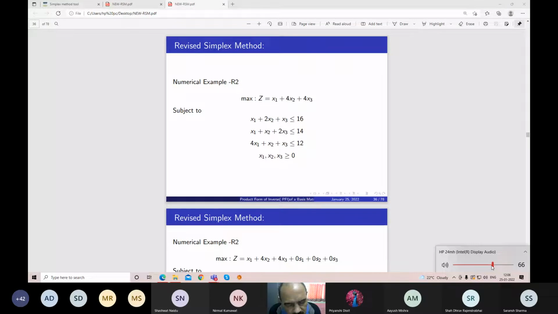So this is a problem we would like to solve using the revised simplex method. There are 3 inequations. The first: x1 plus 2x2 plus x3 less than or equal to 16. The second: x1 plus x2 plus 2x3 less than or equal to 14. The third: 4x1 plus x2 plus x3 less than or equal to 12.